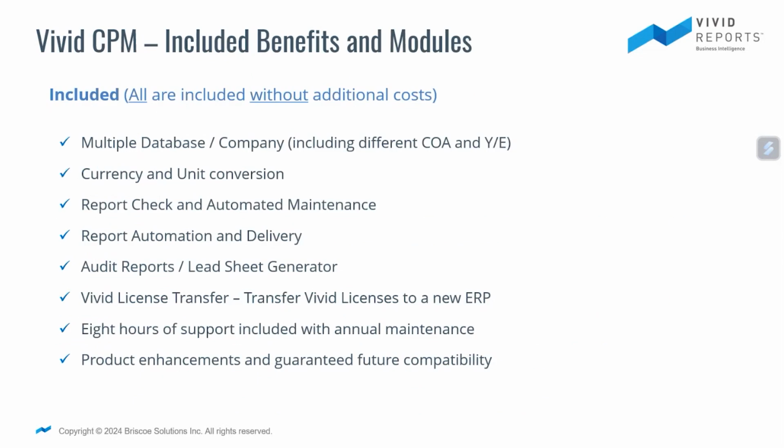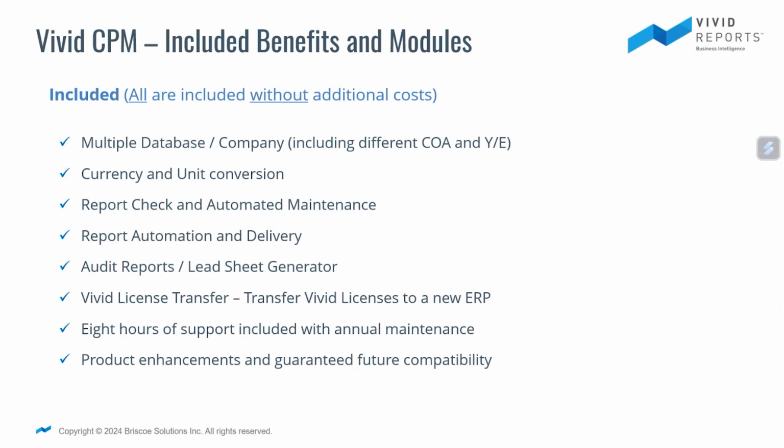So what's included with Vivid on that first license? Whether you have one company set up in Business Central or 5, 10, 20, 40 entities set up in Business Central, we can integrate with all of them. If you have international companies, you need to report in different currencies, we can do all that translation for you.